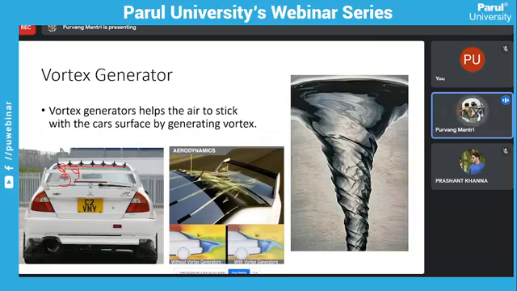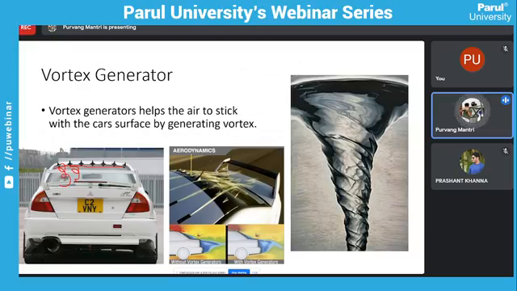So why is this necessary? Let's focus on this image on the bottom. When the air flows over the roof line, there are certain points where the adhesion between the air and the surface of the vehicle gets disconnected, which is known as the flow separation point.